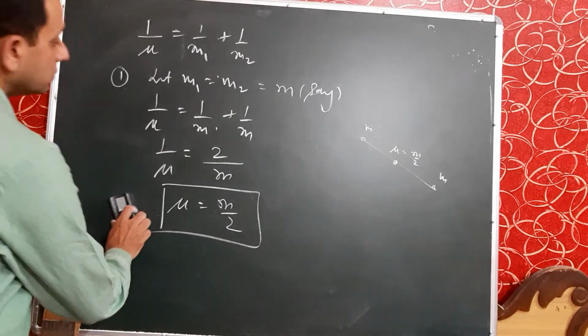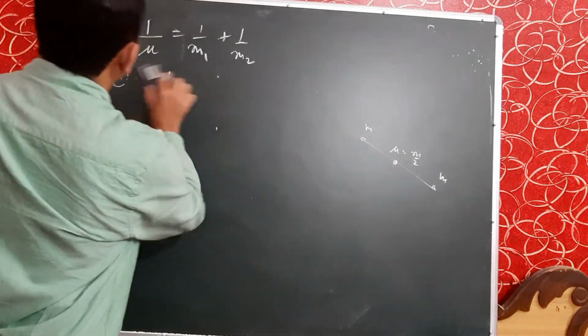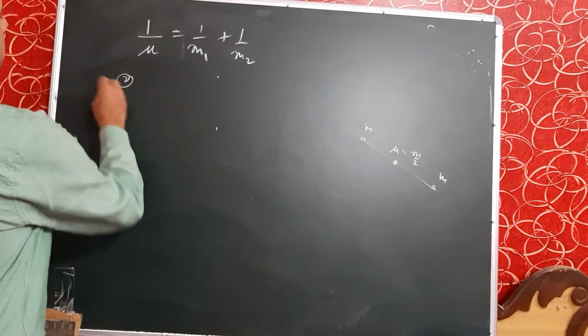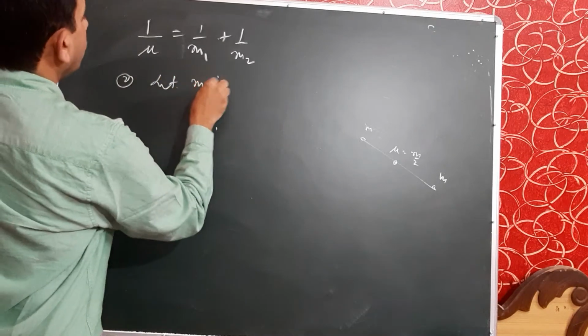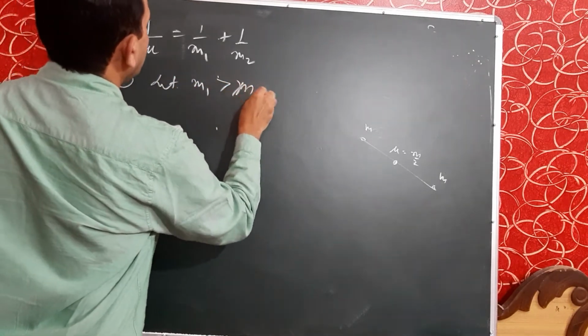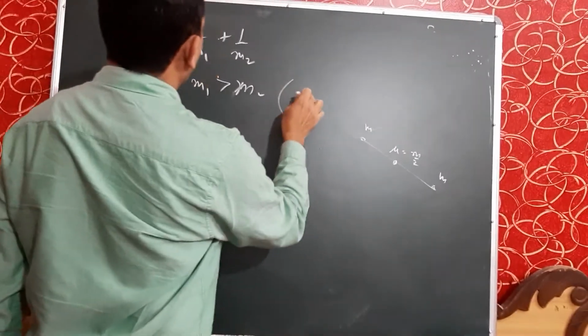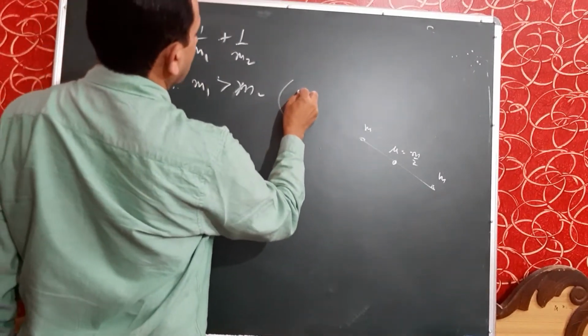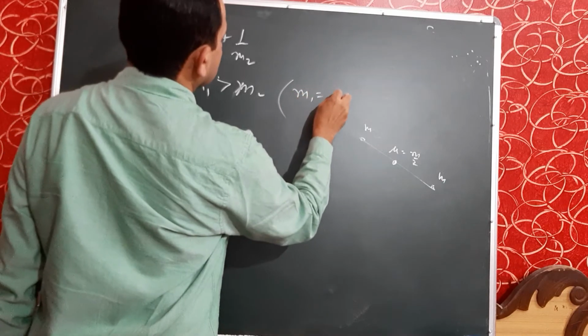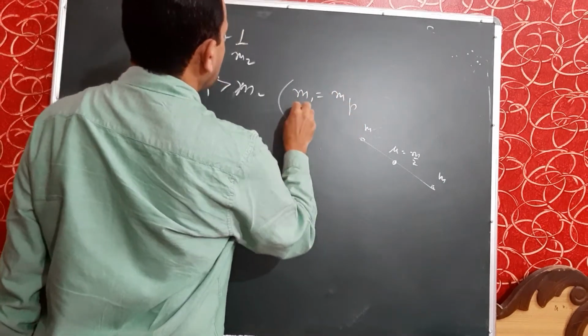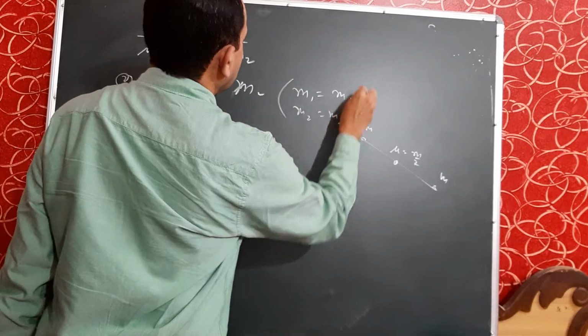And in the second case, let m1 be greater than m2. For example, this is the case of hydrogen, where m1 is the mass of the proton and m2 is the mass of the electron.